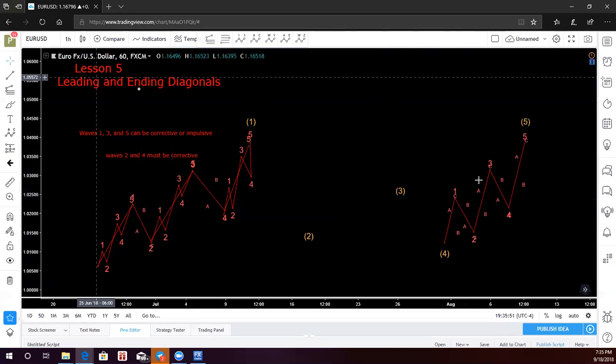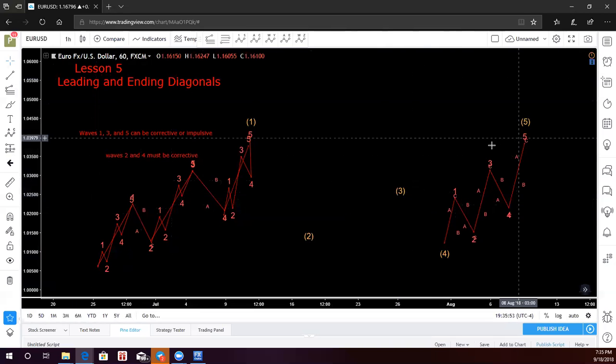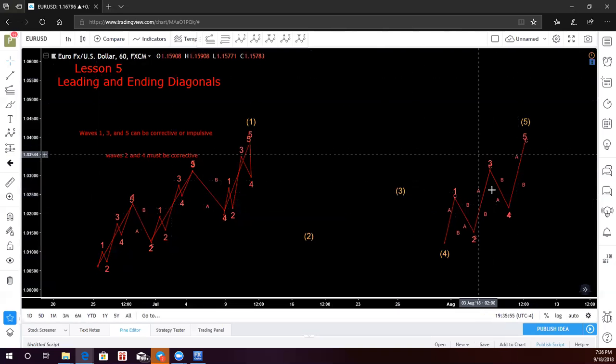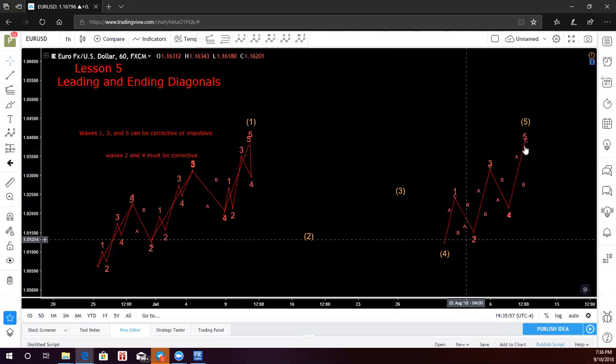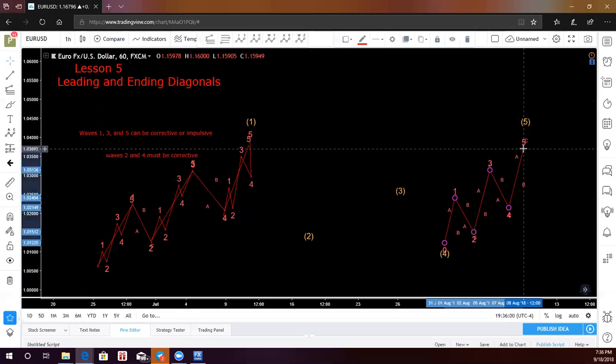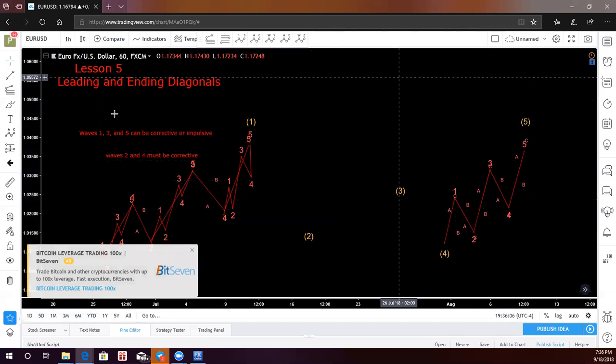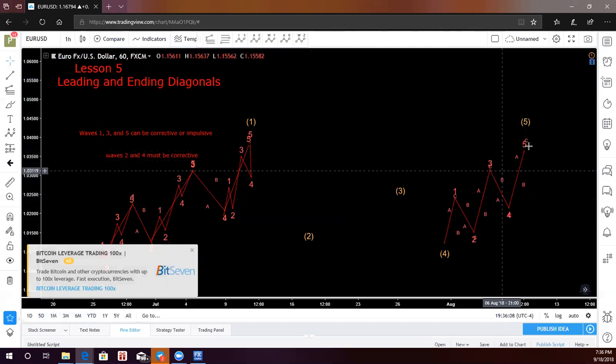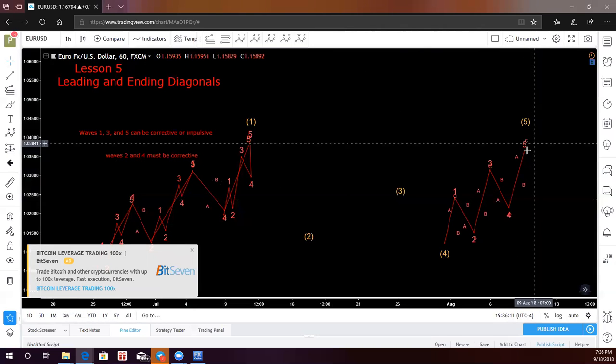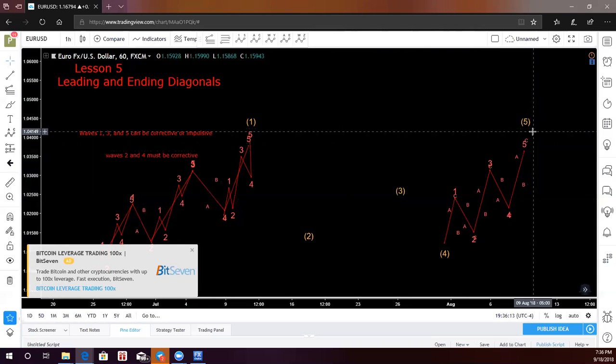Now, some rules to follow. Normally, when you're dealing with an ending diagonal, it is going to make a wedge. What I mean by that is that it'll get smaller and smaller as it comes into play.